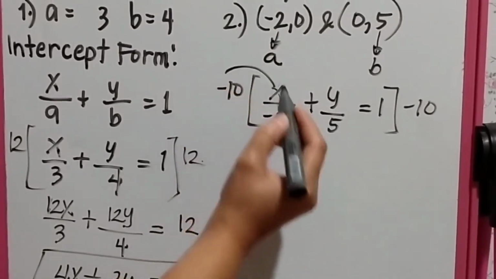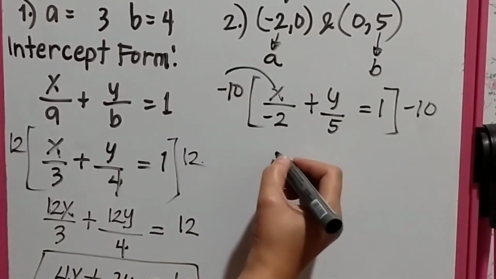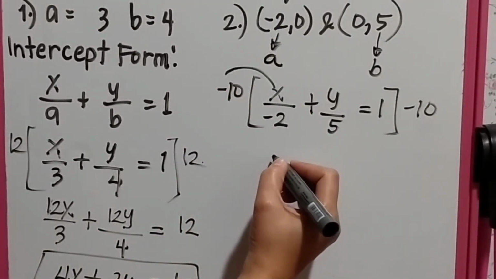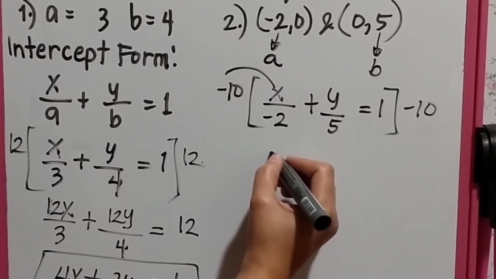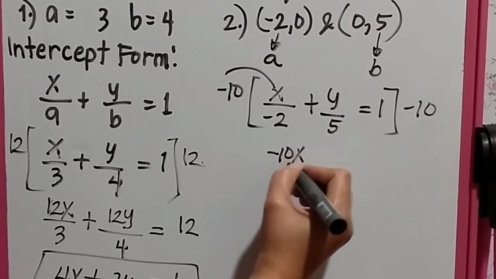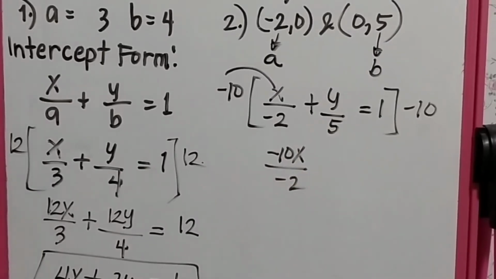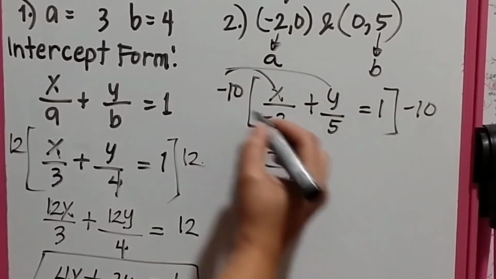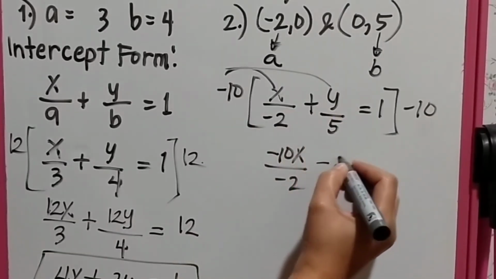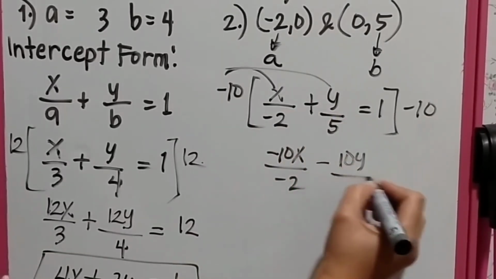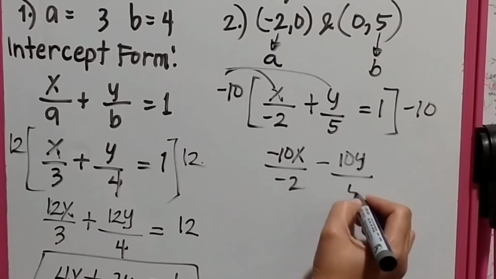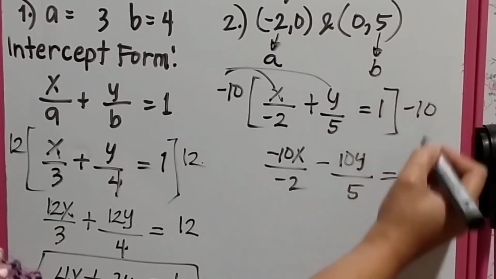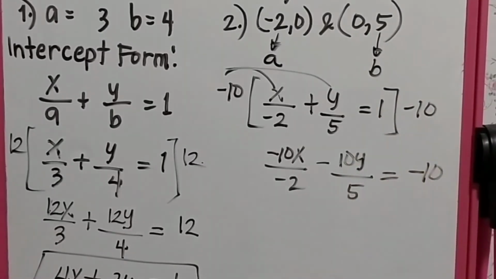Negative 10 times x over negative 2, we have negative 10x over negative 2. Negative 10 times y over 5, negative times positive is negative 10y over 5 equals 1 times negative 10 is negative 10.